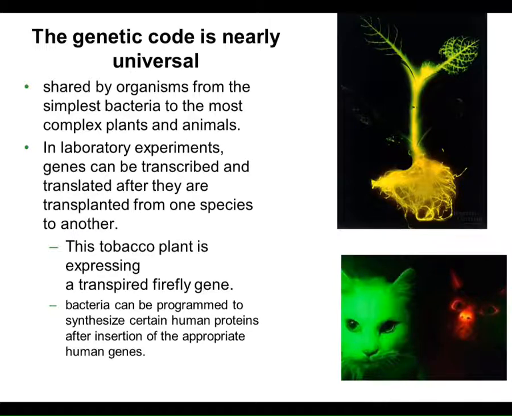It's not absolutely every organism uses the same code, but it is 99.9% universal, which means that I can take a gene from a firefly and put it into a plant, and now the plant will glow, right? And it's why we can take a heat-resistant gene from a tomato plant and put it into rice.